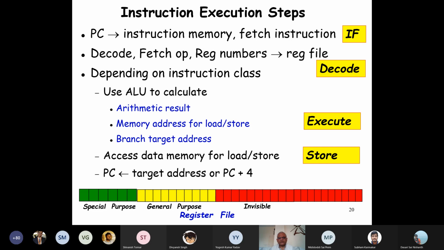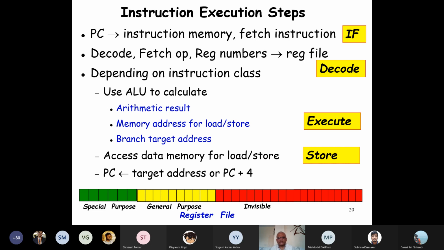Then the next step is to decode, find out what the instruction is. Once we decode, we need to fetch the operands because they might be residing in the registers. So based on the register number, we index into the general purpose register file and get the operand.